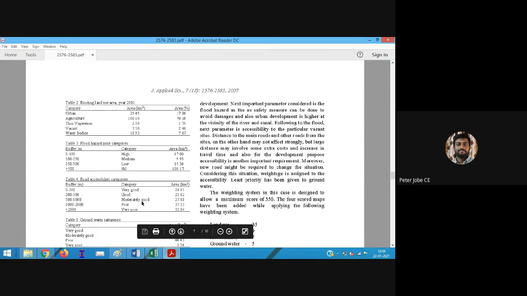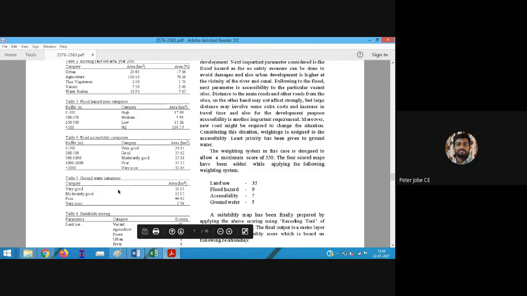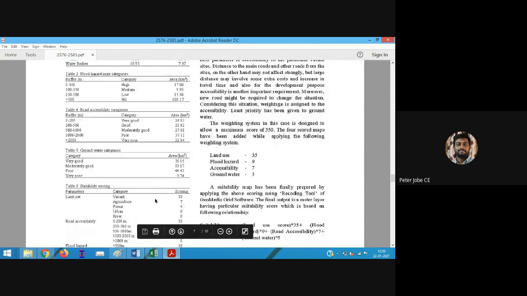And similarly, as we move away from the road, the category will change from very good to very poor. And they have also measured the area of land that comes under each category. And similarly, groundwater categories. And with that, they have given some scores.